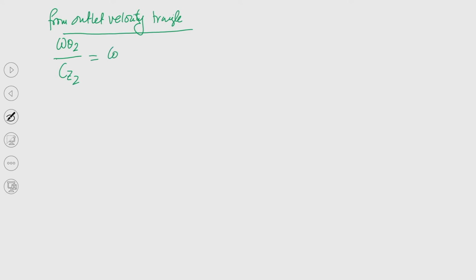So, Wtheta2 from the outlet velocity triangle. Okay. Wtheta2 by Cz2 equal to cot beta 2.